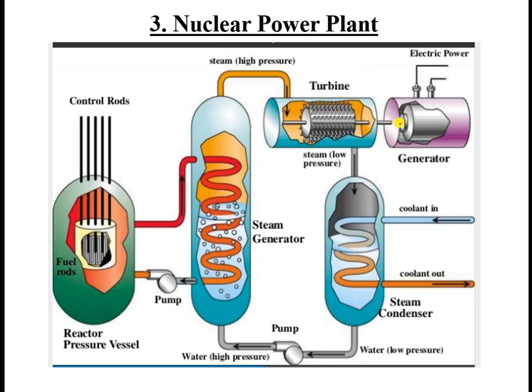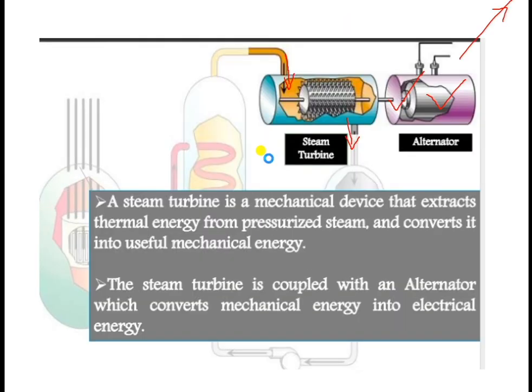In turn, the turbine rotates the generator, we will get electricity, and the steam coming out from the turbine will be converted into condensate with the help of the cooling tower. The condensate formed here will be extracted and supplied to the steam generator, and the process repeats again and again. In this way, these are the various components as well as their functions in a nuclear power plant.